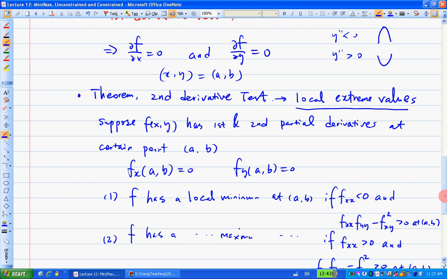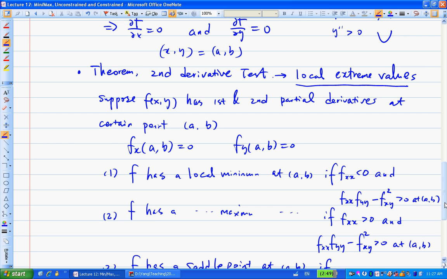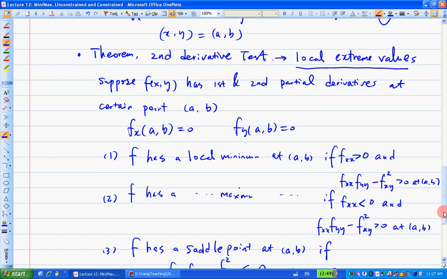Oh yeah, you're right. Sorry about that, and sorry about the confusion. So when fx is greater than 0, you have a local min. When fx is less than 0, you have a local max. Okay, very good.